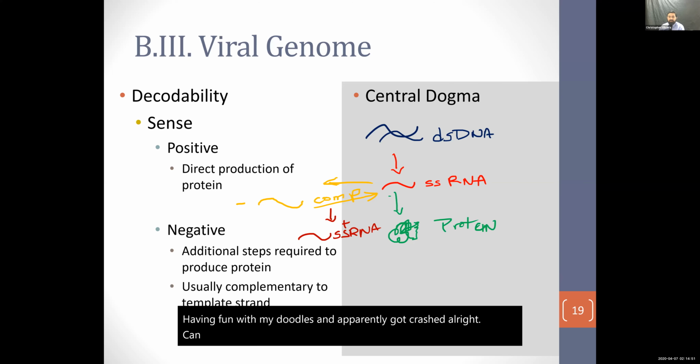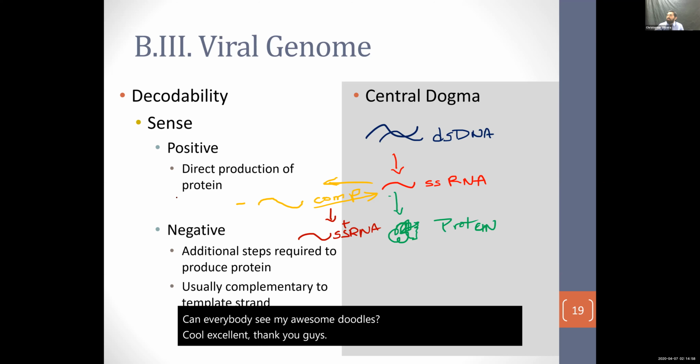Now we can. Not sure what happened. All right, let's try this again. Having fun with my doodles, and apparently it crashed. All right. Can everybody see my awesome doodles? Cool. Yes. Excellent. Thank you, guys.